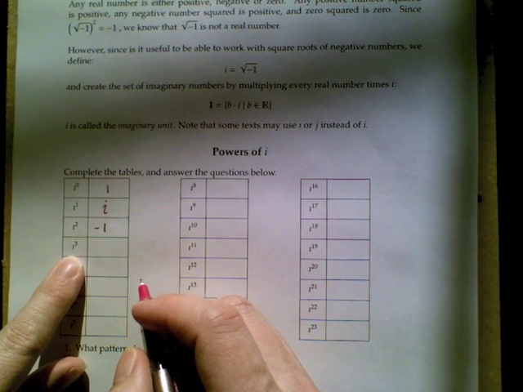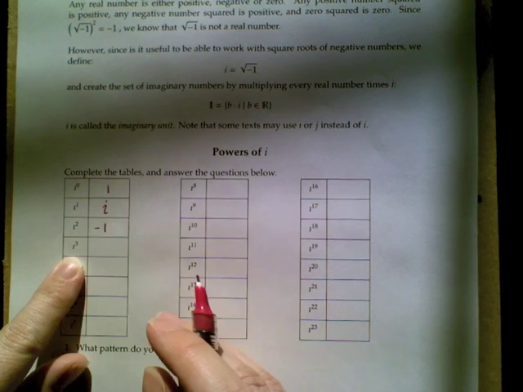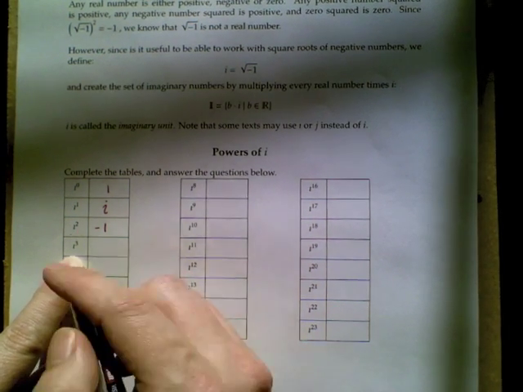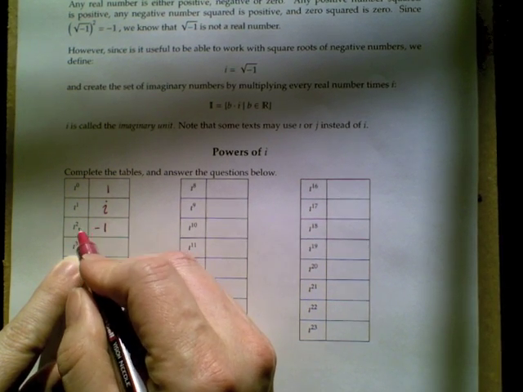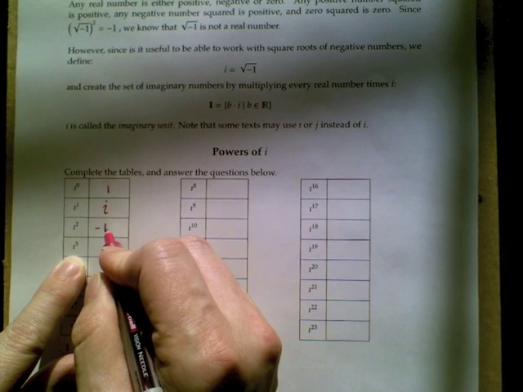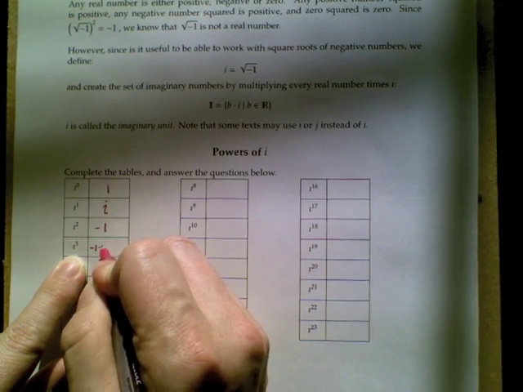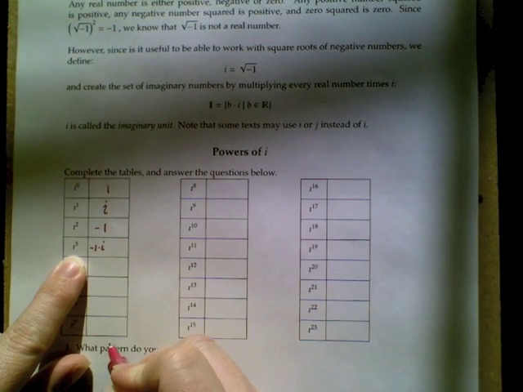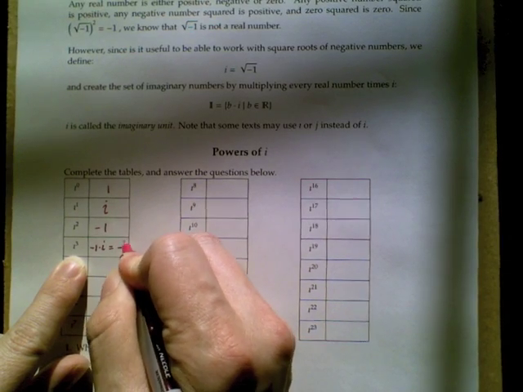Now, i cubed. i cubed is i squared times i. Well, anything cubed is that thing squared times another thing. So I already know what i squared is. That was -1. Then I multiply by another i. So -1 times i, well, that's just -i.